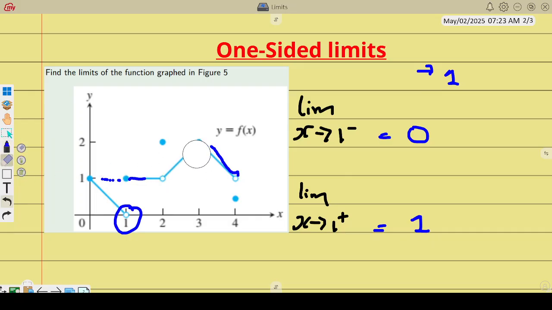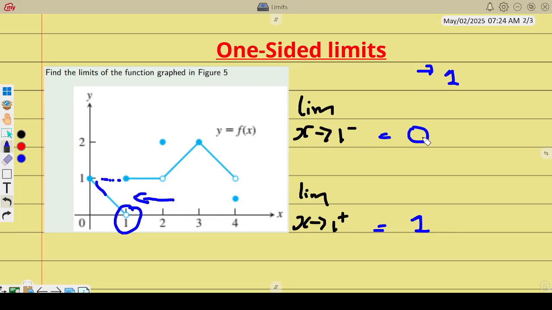So we found that when we came from the left, it is 0, and when we're coming from the right, it is 1.